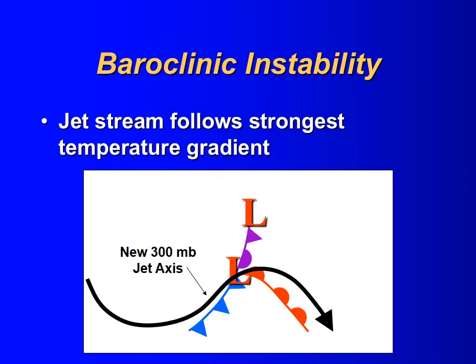If there's no more temperature gradient around that low, if it's cold around that entire low, it finds a new path, and it follows the new temperature gradient, the stronger one, to the south, and it ignores the old low. So that's baroclinic instability and how weather systems move.